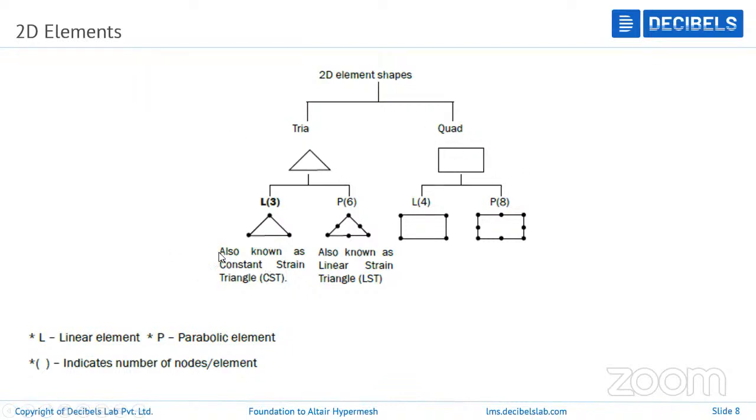And we should know what linear elements or parabolic elements are. Linear element means a first order element. The parabolic element means a second order element. That is how you calculate the stiffness matrix using the first order and the second order element in the finite element subject.